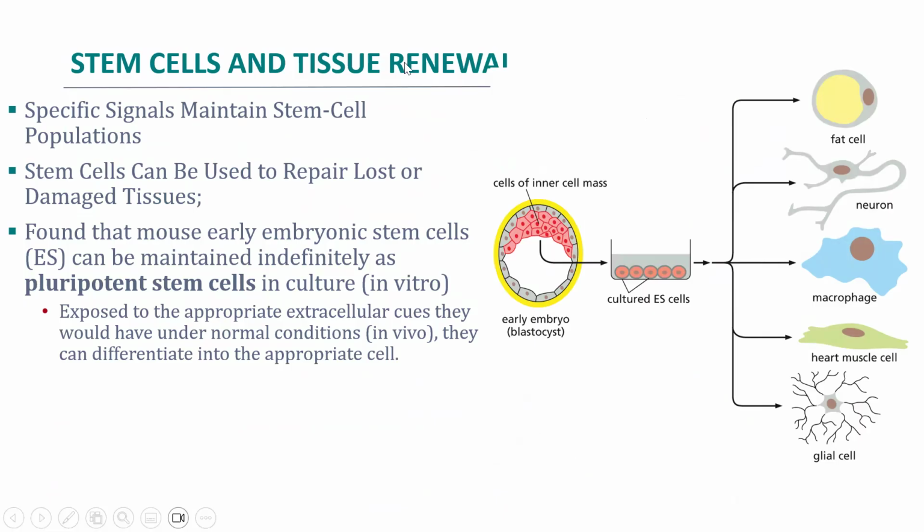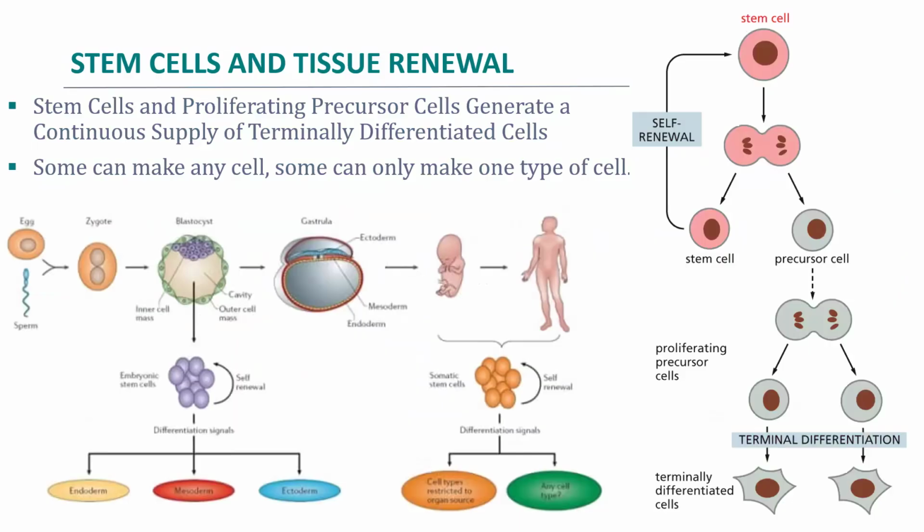So for our stem cell tissue renewal, specific signals maintain these populations. We even said, I have to have cell communication. Stem cells can be used to repair lost or damaged tissues. We go all the way back, right? But the difference here is that our embryonic stem cells, these are the best of the best of the best.